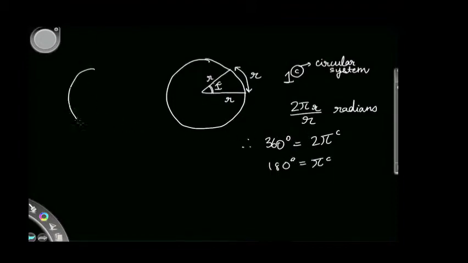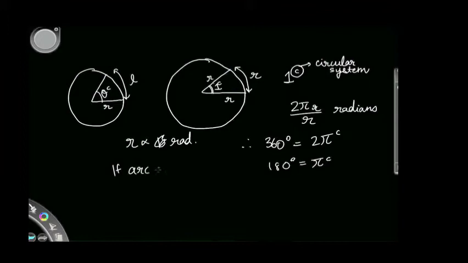And also, if we have another circle with arc length l and radius r, and this is theta radians, since the length of arc is proportional to radians, let's look at it as arc length versus radians.